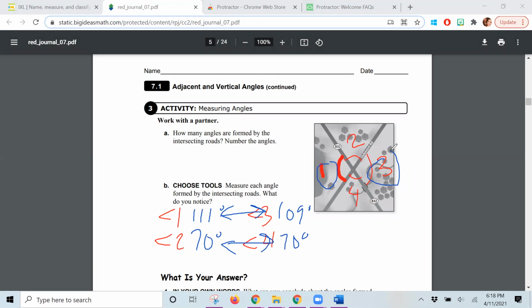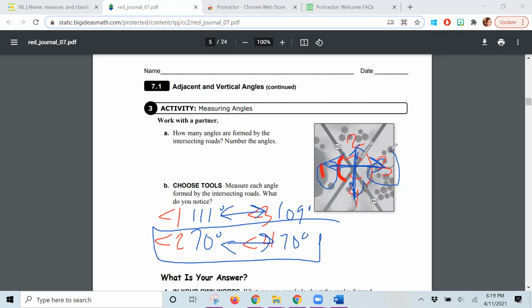And there's a reason for that. It's because these angles are vertical angles. And so that is our second vocabulary word. Vertical angles are actually the same size. And so we got the same angle for these two, which is good. That's what we were supposed to get.